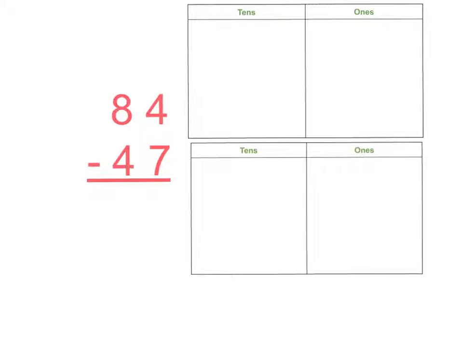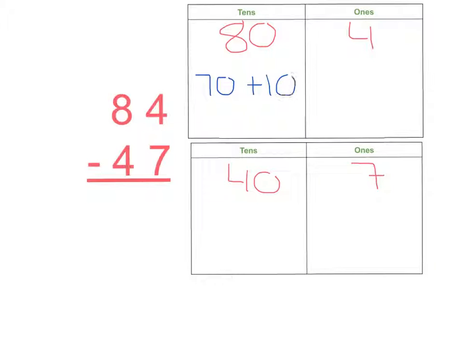For the second method, we will now do 84 minus 47. So let's break it up into 80 and then 4, 40 and then 7. So I can't take 7 away from 4, so I need to break up 80 into 70 and 10 and move the 10 over. So I'll add 10 to the ones, cross it off in the tens.